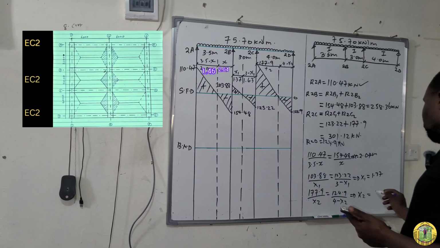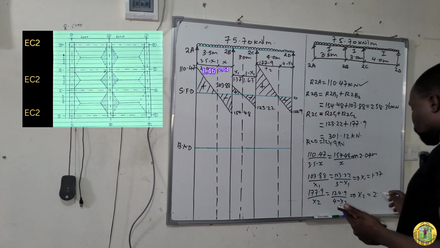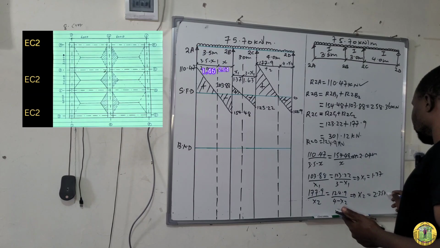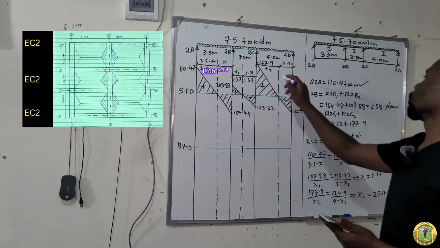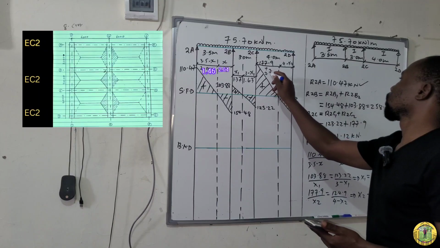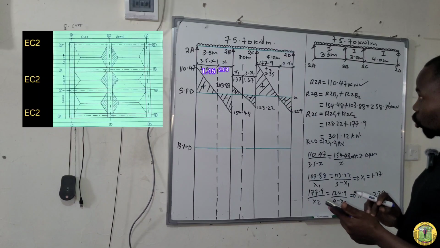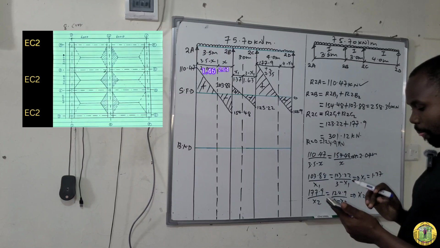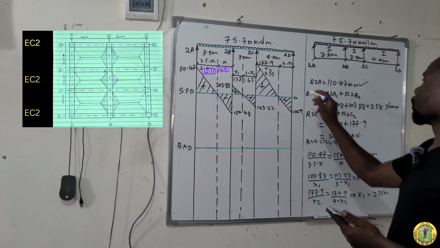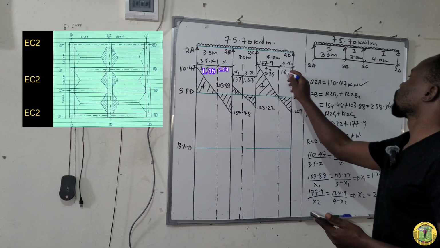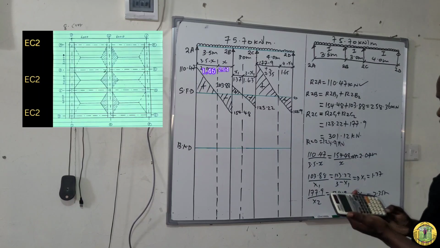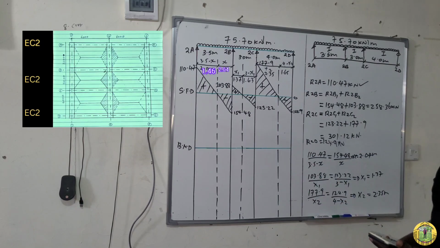So this is 2.35 meters. And then 4 minus 2.35, this is 1.65 meters. After that, we now proceed to the bending moment diagram.